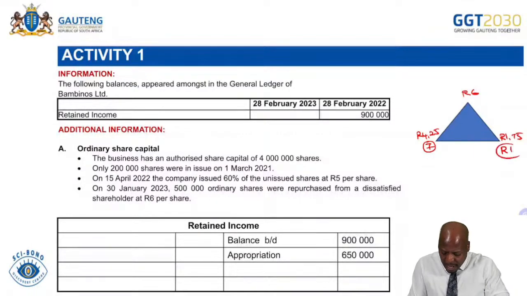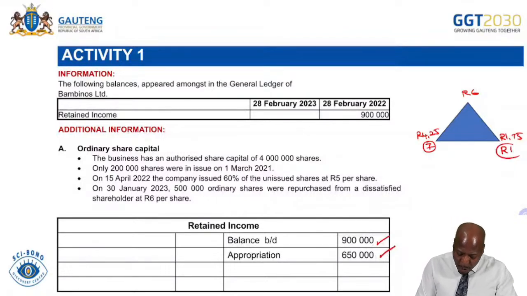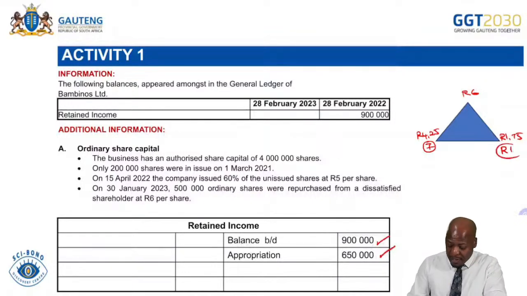So we now have our retained income. Remember, to retain is to keep. We have our balance on the retained income, which is your 900,000, and we have our appropriation amount of 650. Then we say how much was spent above the average price. That is the amount that now comes to the retained income.